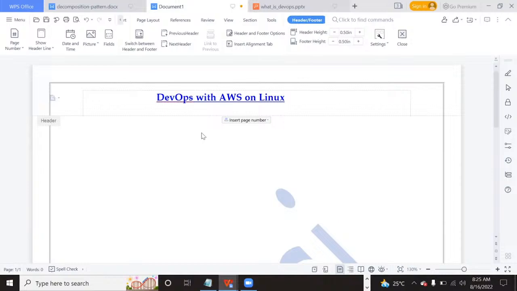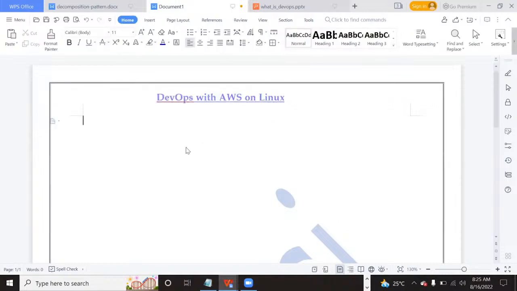First of all, what is DevOps? Before discussing that, why should we learn DevOps? Not only DevOps, DevOps with one cloud. Any one of the clouds is mandatory.